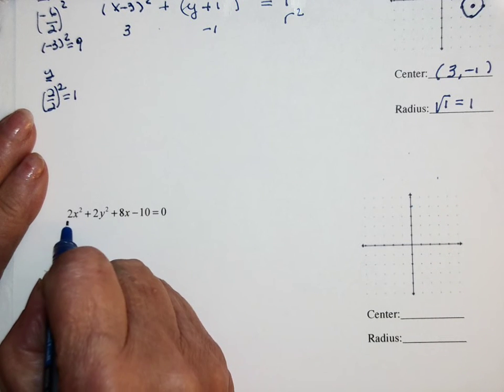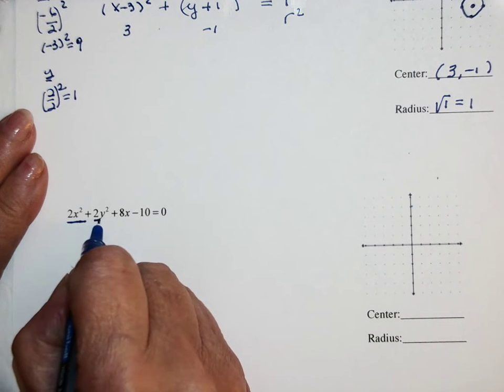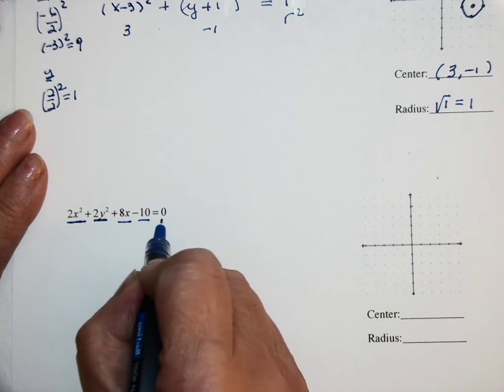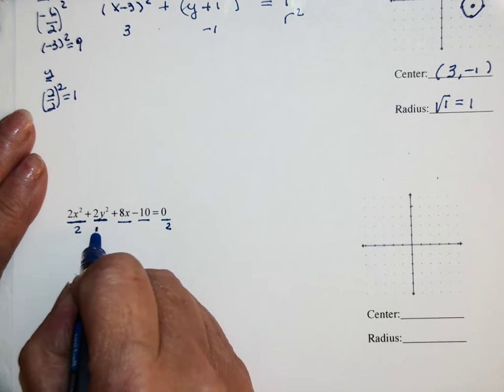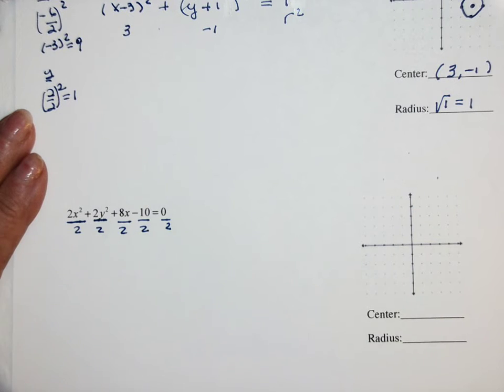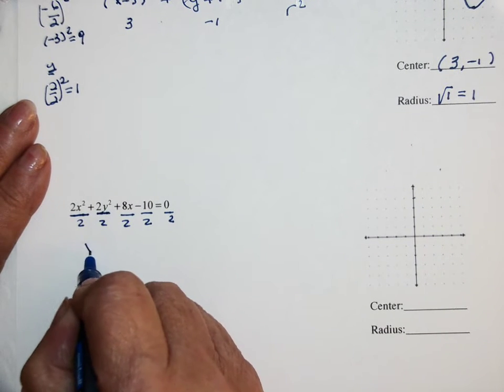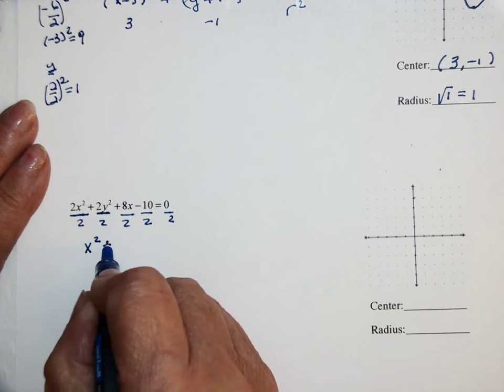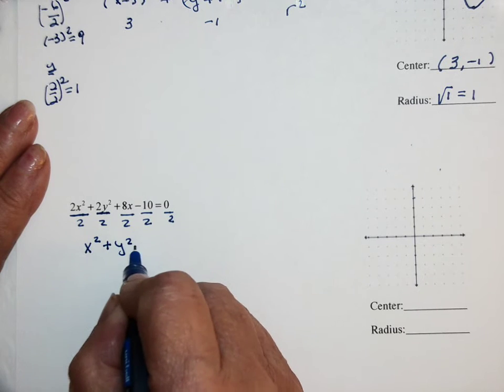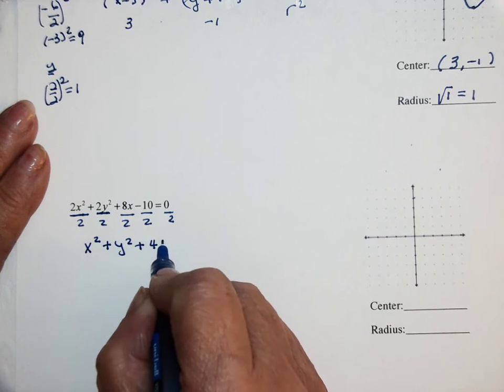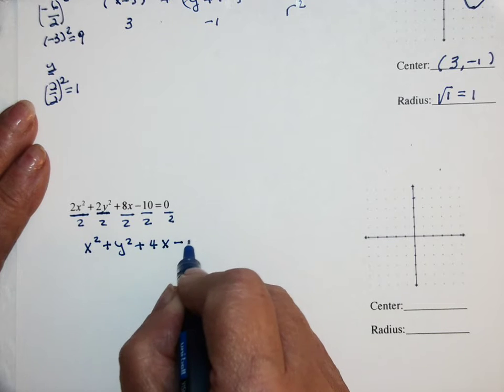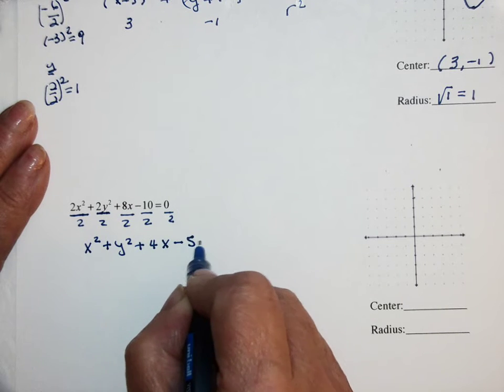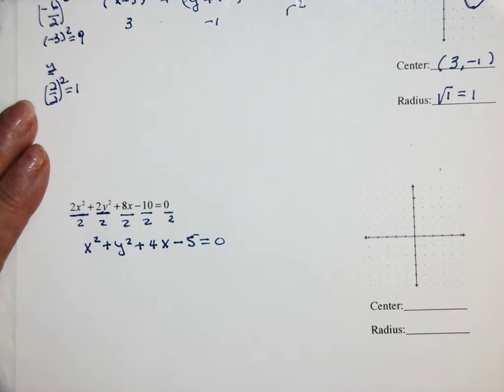So first thing I'm going to do is divide everybody by 2 to get rid of the coefficient of x squared and y squared. So I get x squared plus y squared plus 4x minus 5 equals 0.